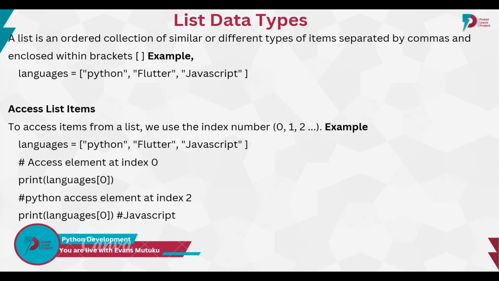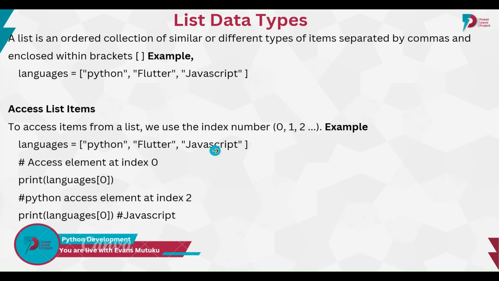That's how we access our list. In our list here, we have index 0, index 1, index 2. We print the languages variable, then we specify the index. In our case, we are going to get the output Python because it's index 0.